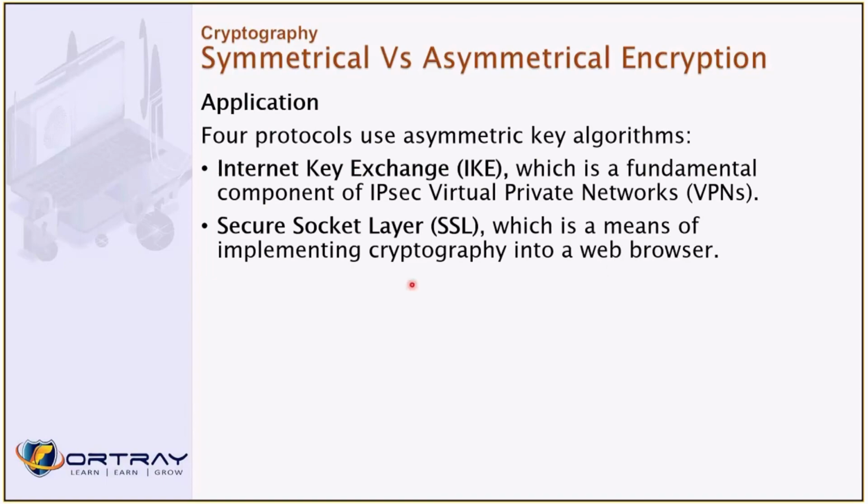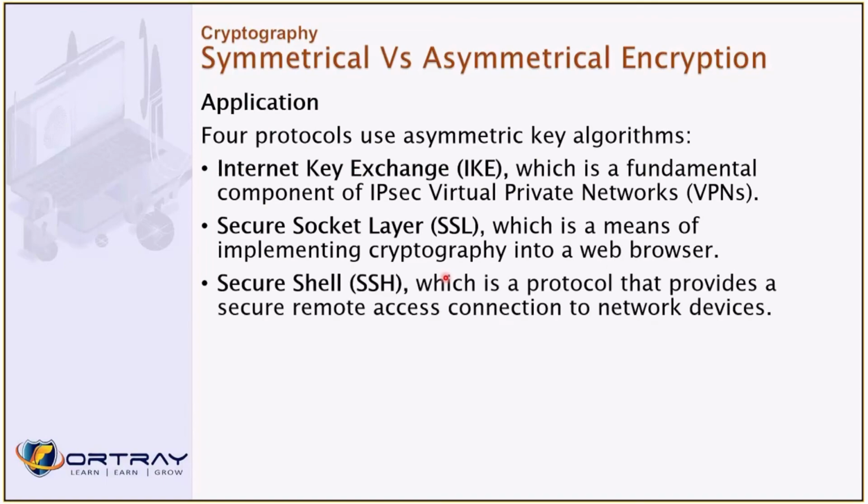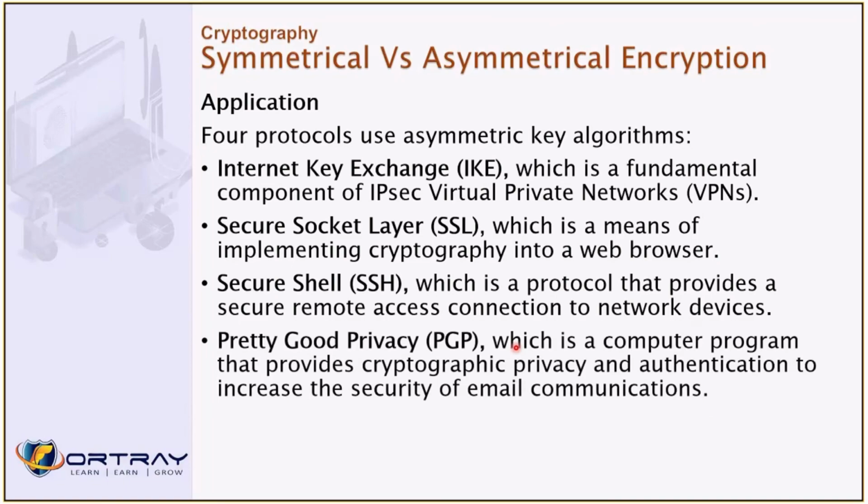SSL, which is a means of implementing cryptography on the web browser. SSH, which is a protocol that provides a secure remote access connection to remote devices. And PGP, Pretty Good Privacy, which is a computer program that provides cryptographic privacy and authentication to increase the security of email communication. So if you want secure email communication, you can use PGP.